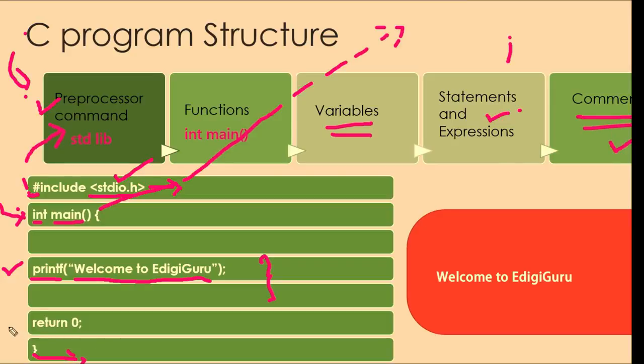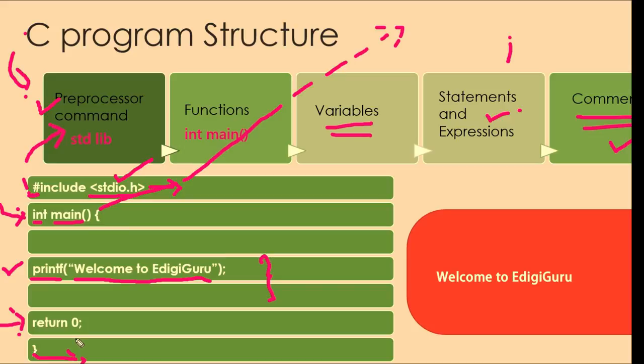The next is return 0. In C language, before the closing brace of the main function, we need to specify this return 0. We need to specify it explicitly.